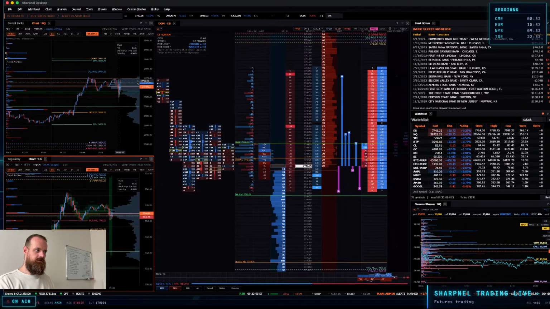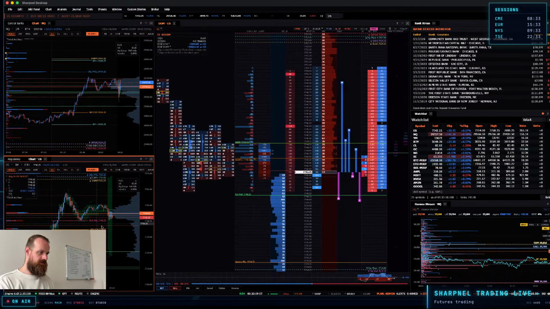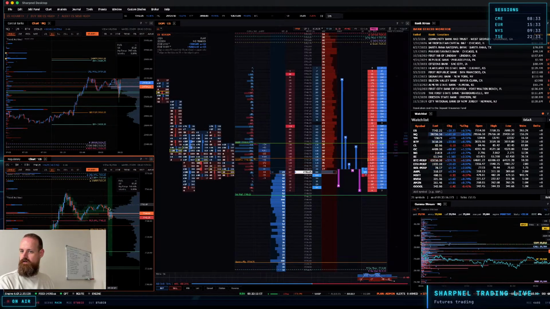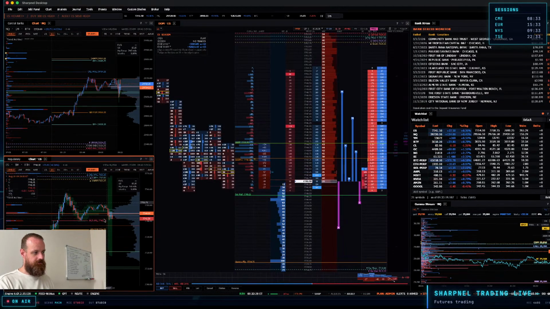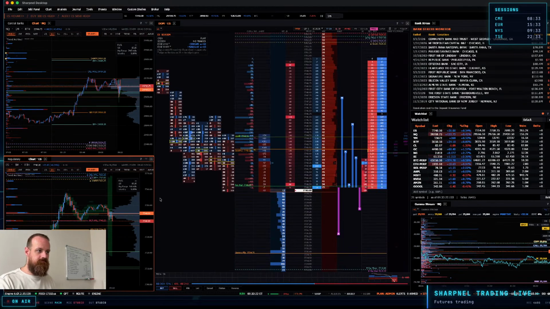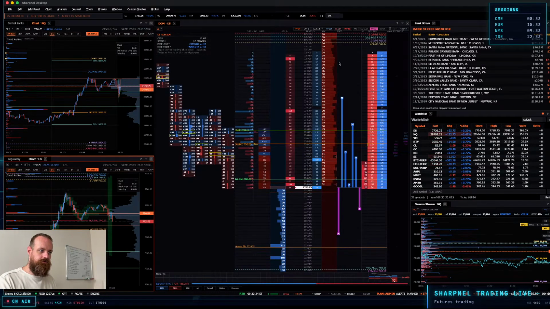Looks like NQ is trying to push back to the highs again, and meanwhile ES is struggling. So you can clearly see over here in the volume profile that this is one big cluster. And on the books we can also confirm it.